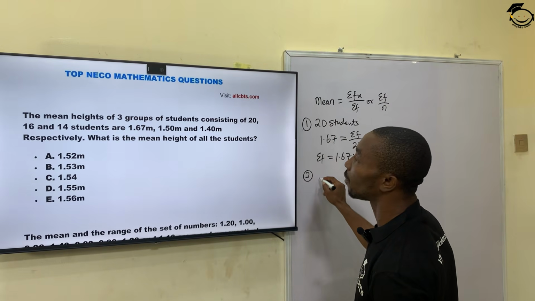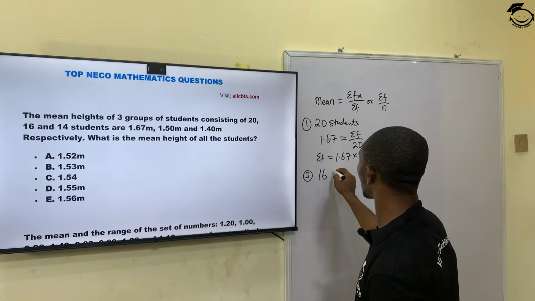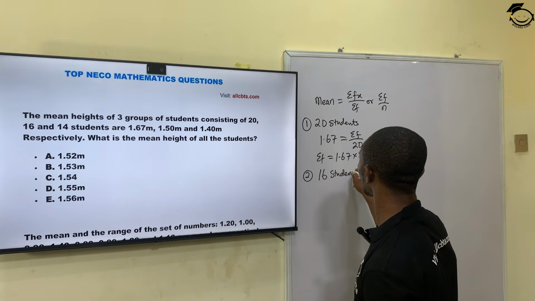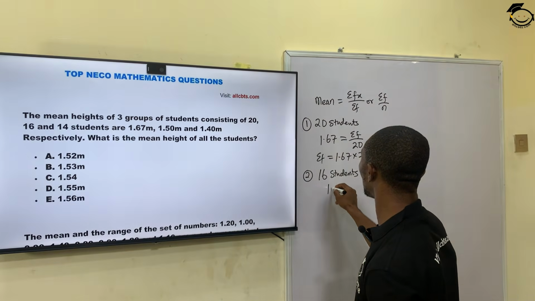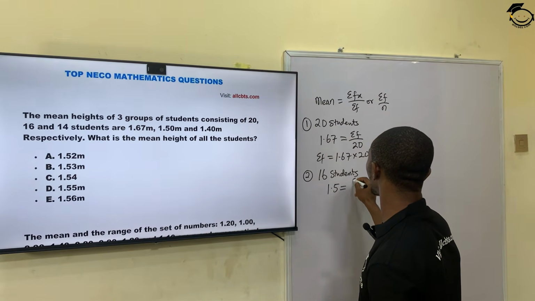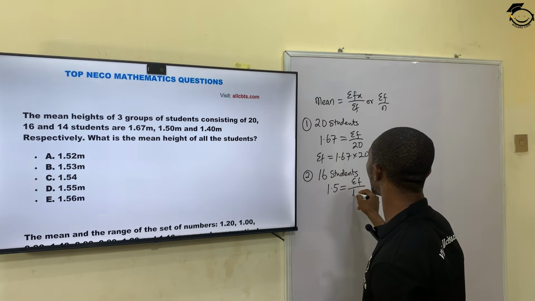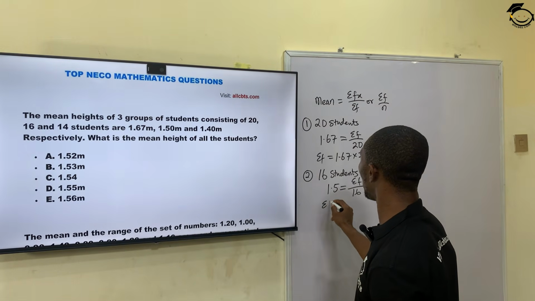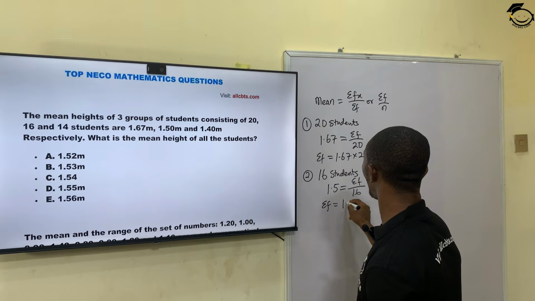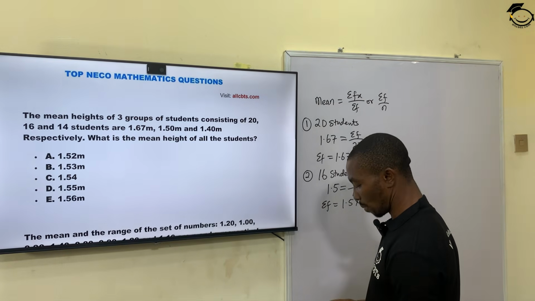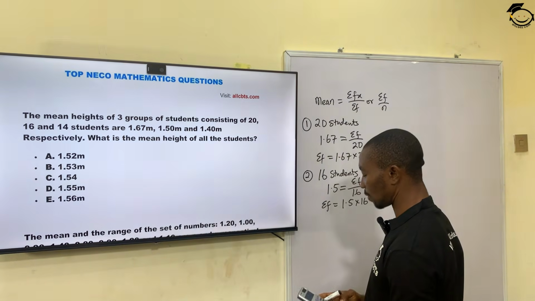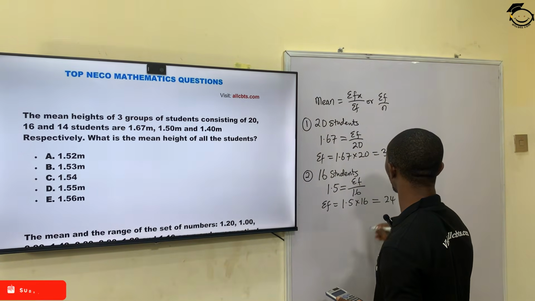Group 2 of 16 students. Our mean is 1.5. So this gives us 1.5 equals sigma f over 16. So our sigma f would be 1.5 times 16, which gives us 24. All right.